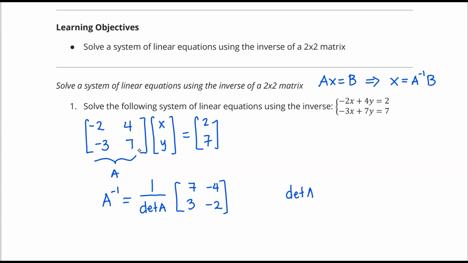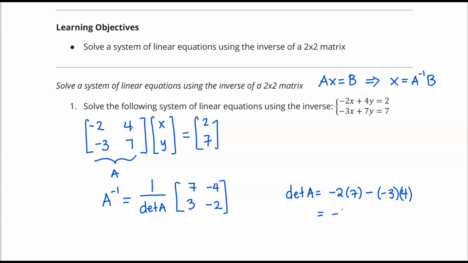Determinant of A is just equal to the product of the diagonal entries, -2 times 7, minus the product of these two entries, -3 times 4.